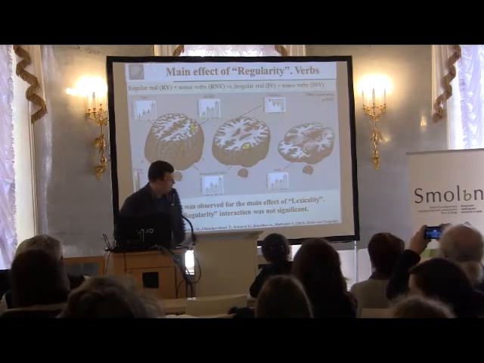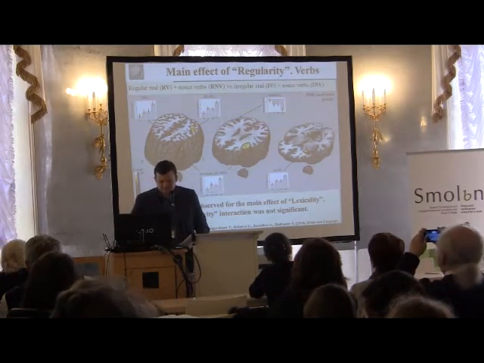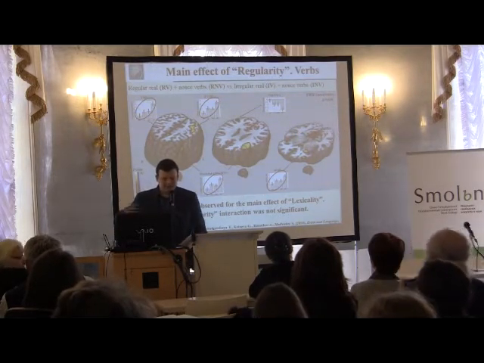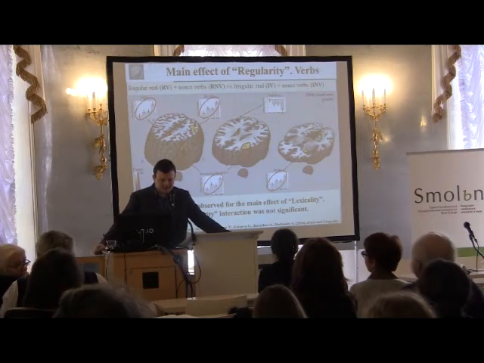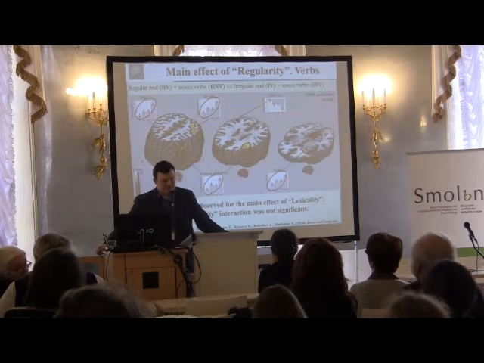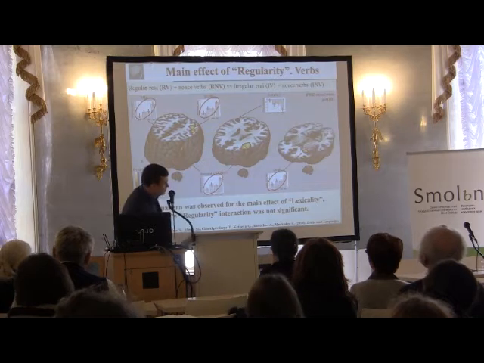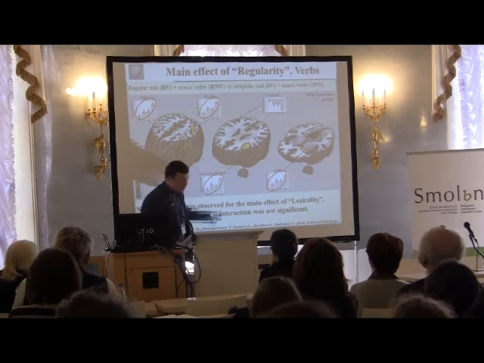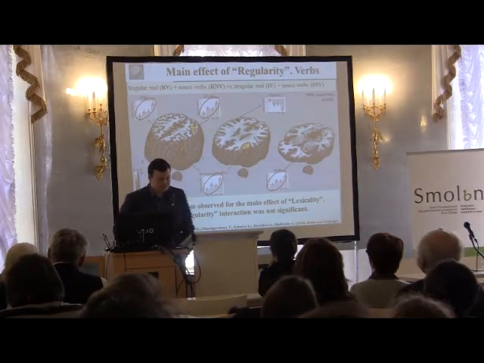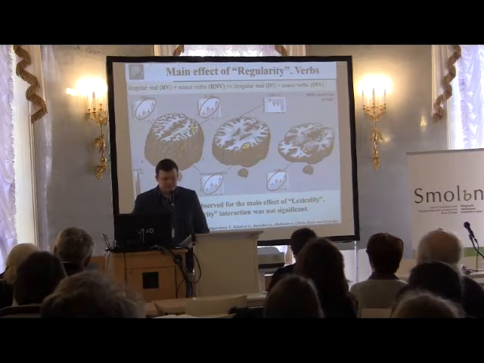If you look at the bars denoting the level of functional activity in those areas, the first bar is for the regular verbs, the second one is for irregular, the third one is for regular nonce verbs, and finally the fourth one is for irregular nonce verbs.